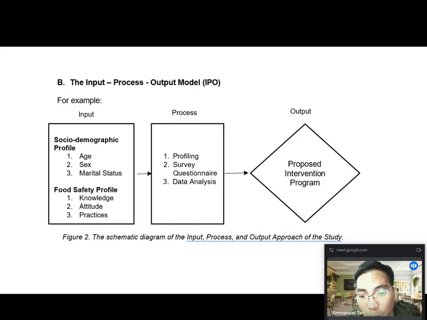So, from the input, pointing the process, and then the process pointing the box under output. So, ganun lang siya. Okay? Doon siya natatapos. Doon sa project or action plan or solution no na inyong study. Okay?